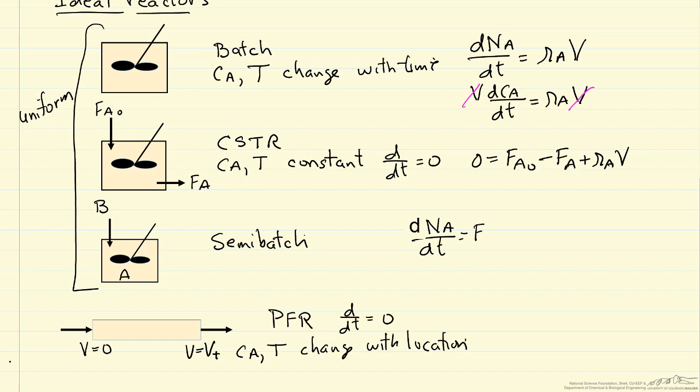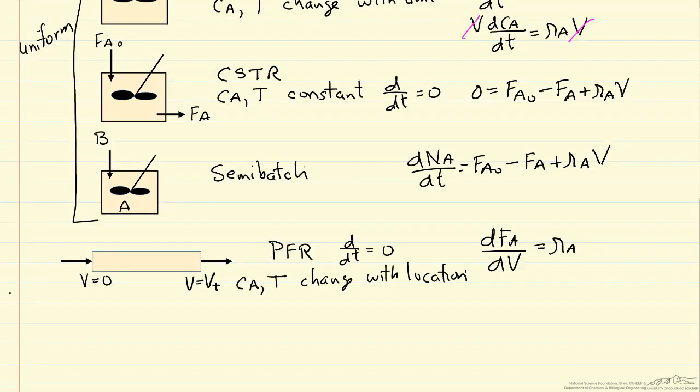The general form was we have a flow rate in of A or B. I'm just writing the balance for A now. Flow rate out, which may or may not exist, and rate of reaction times volume. And then the plug flow reactor is the change in the molar flow rate as a function of cumulative volume as we move down the reactor, and that's equal to the rate of reaction.